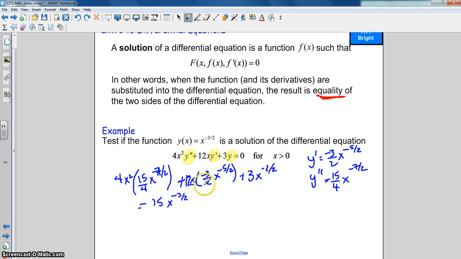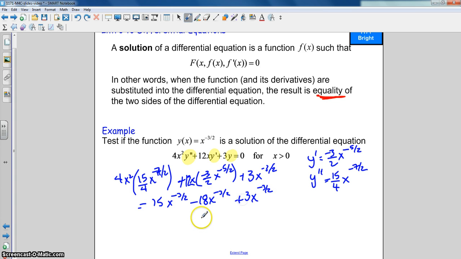And then going through this arithmetic, I get a what? I get a 6, and then a minus 18, x to the minus 3 halves. And then I add to that 3x to the minus 3 halves.